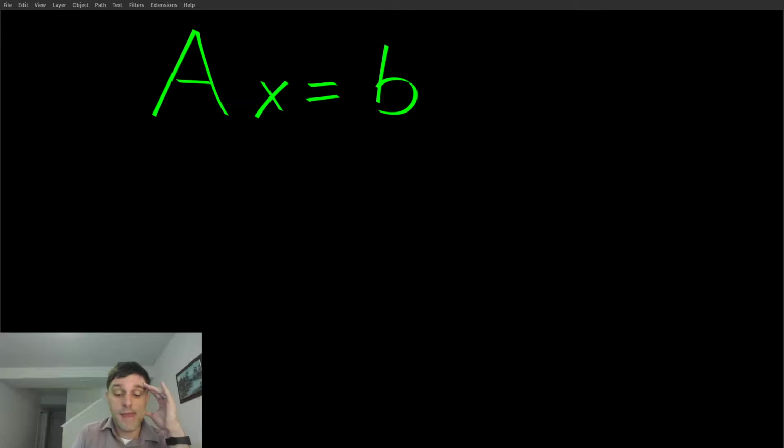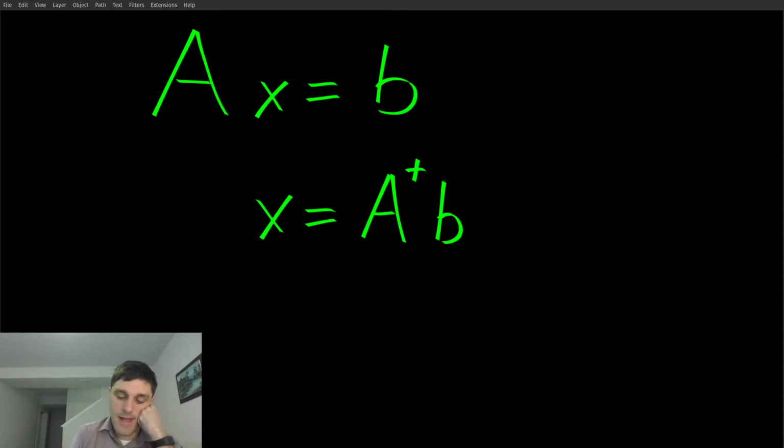If you have some linear system, A X equals B, then you can do that QR factorization, and if it exists, you will find X equals A plus B if M is greater than N.